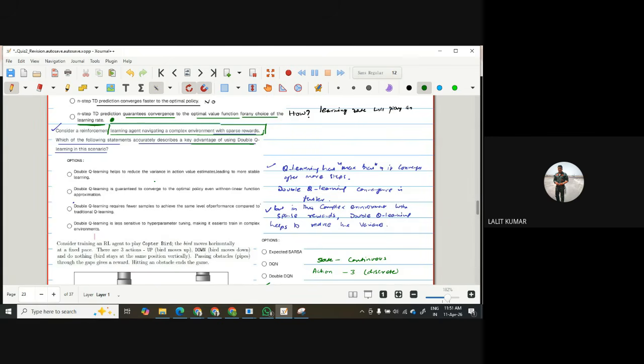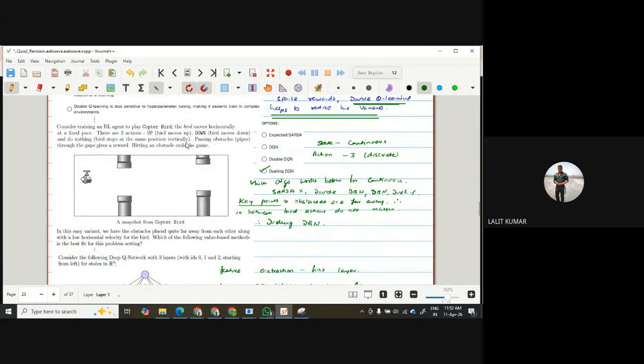Double Q-learning helps to reduce the variance. So when we use double DQN, it will always help reduce the variance. That will be the answer, and it is straight from the slide.